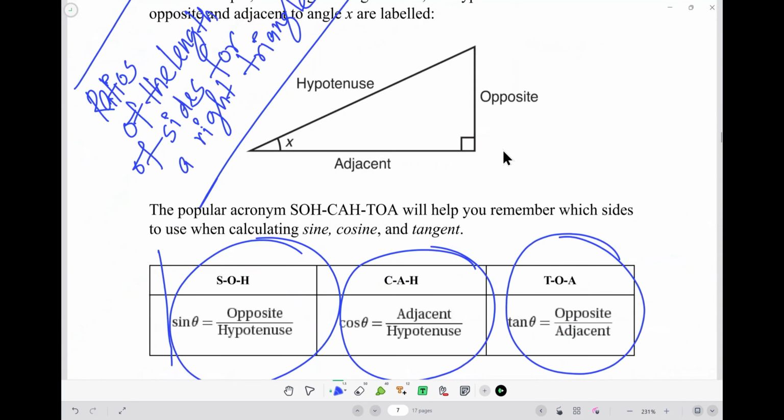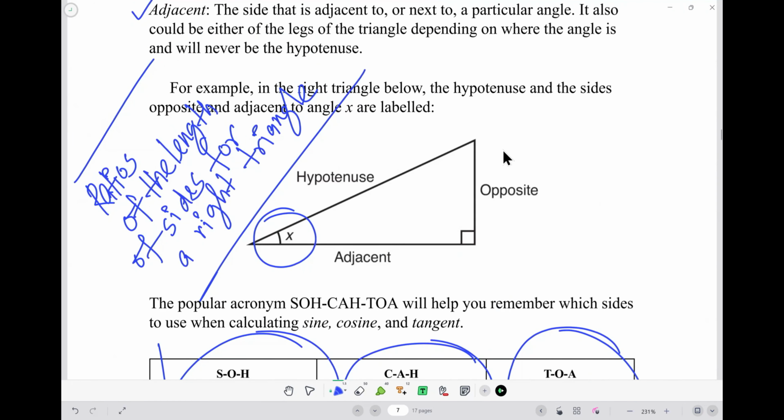Consider this. This is our angle of interest, our focus, the angle we really want to measure.